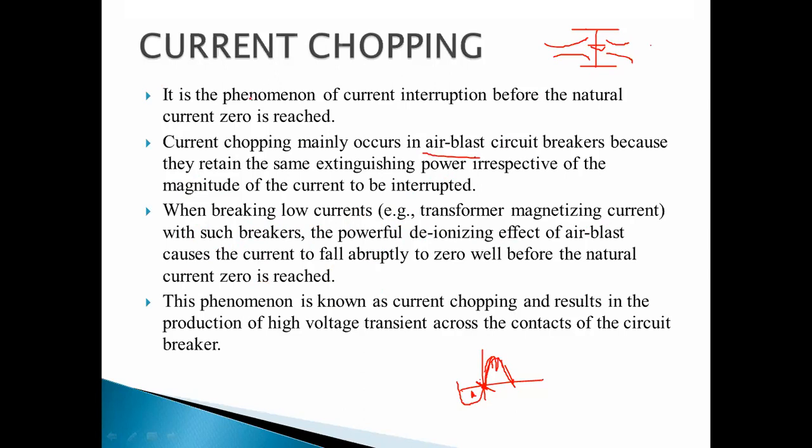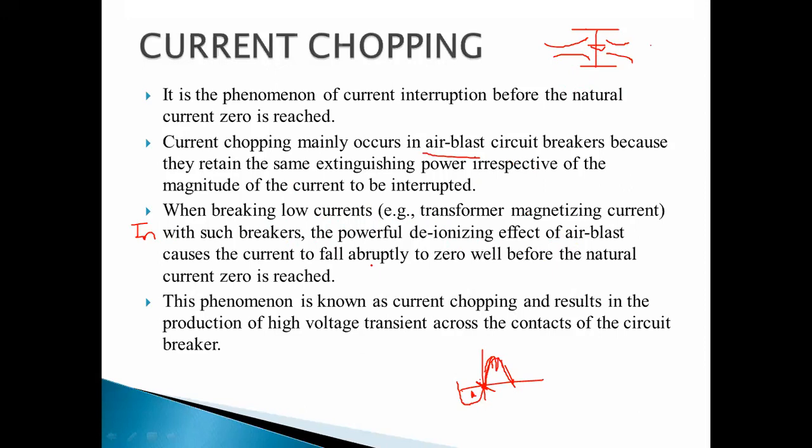So what is happening actually when we are considering the low currents? For example transformer magnetizing currents, when we are using the air blast circuit breaker, what will happen? Already the current is low, and we are using this air blast circuit breaker to deionize the particles between the two contacts.